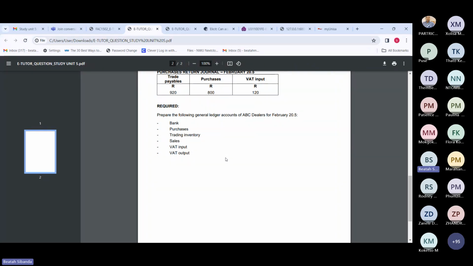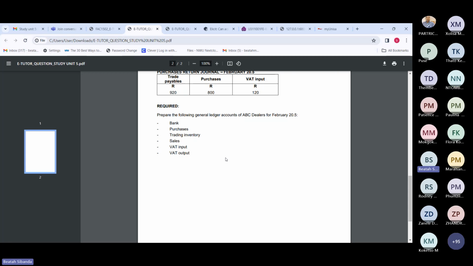So value added tax is a tax on consumption of goods and services. It's only applicable to buying and selling of goods. It has nothing to do with your salary. So the only time that you pay VAT is when you go to a supermarket and buy something, or when you are a business and you sell goods or services. That is the only time that you pay VAT, but your salary has nothing to do with VAT.